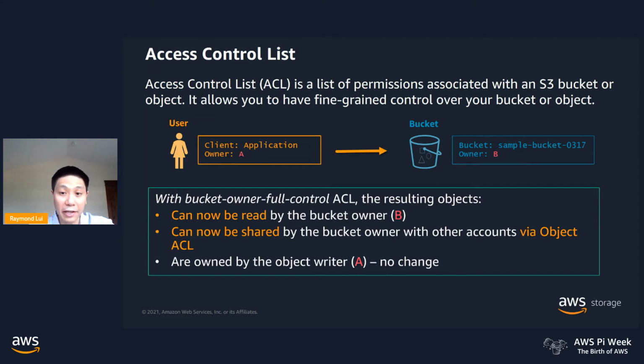So in the previous example where we have a cross-account data write, if account A writes the object with the bucket owner full control ACL, the resulting object can now be read by the bucket owner, account B. The object can also be shared by the bucket owner with other accounts through object ACL. However, the owner of the object remains the object writer.